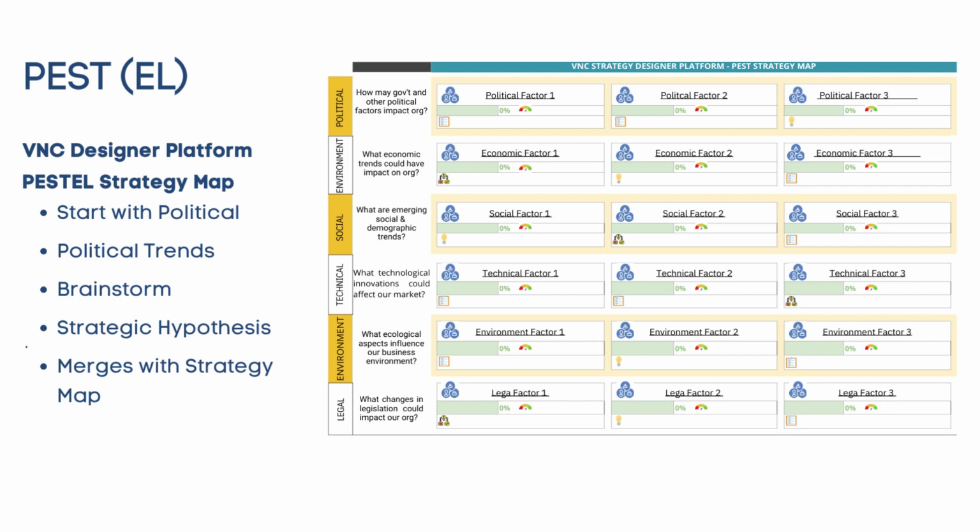Notice that in the container boxes on the diagram, you will see areas where you can input your hypothesis, idea, or even a specific action and more. It's important that you use this feature of our VNC Designer platform PESTEL strategy map, as you'll see the strategic hypothesis derived in the overall strategy map in later steps.